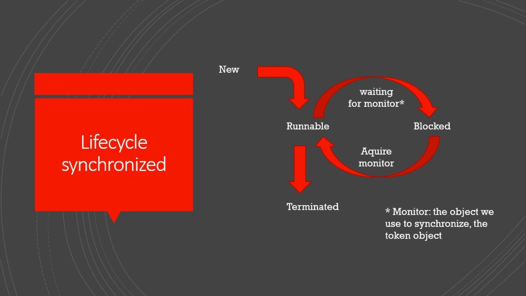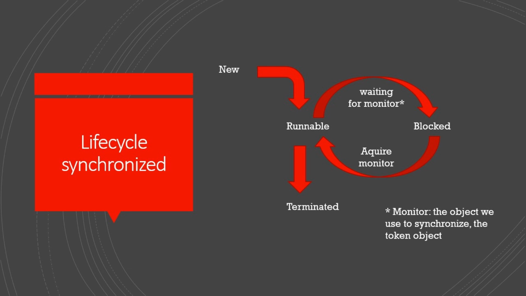Once it acquires the monitoring object, it returns to the runnable state, doesn't start running yet. And then hopefully the scheduler will pick it up in a timely fashion and allows your thread to start running again. When it's finished, it returns to the terminated state. Okay. That's how that works.